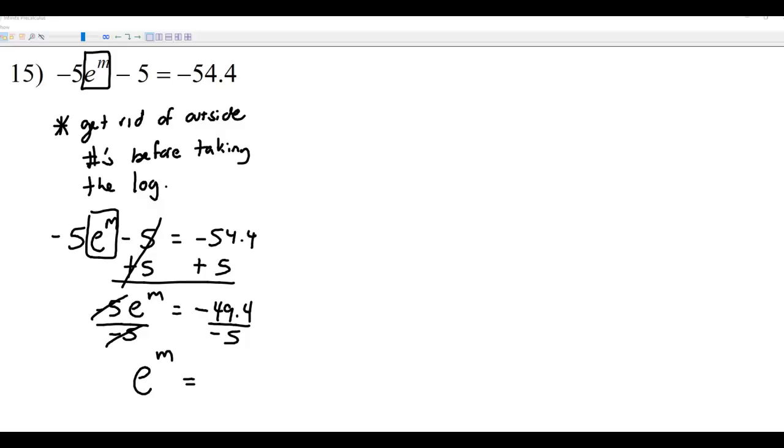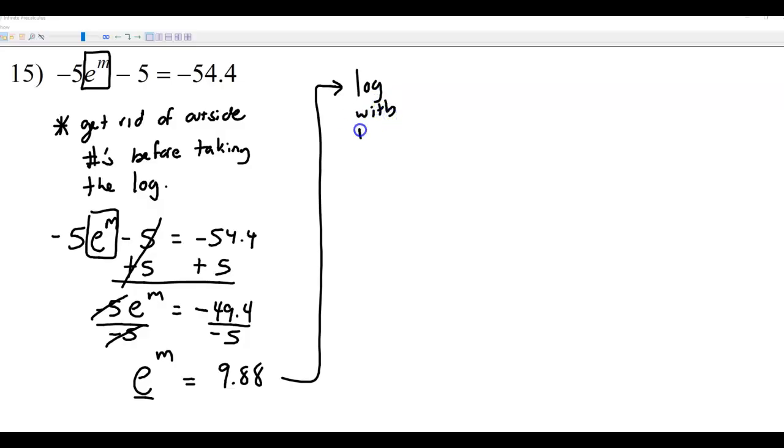Using my calculator once again, I get 9.88. After you've gotten rid of your outside numbers, it's like all the other ones. Now, my base here is a base of e. So when you do that, we're going to log base e, and what that means is we're going to use ln to log it. So we have e to the m equals 9.88.